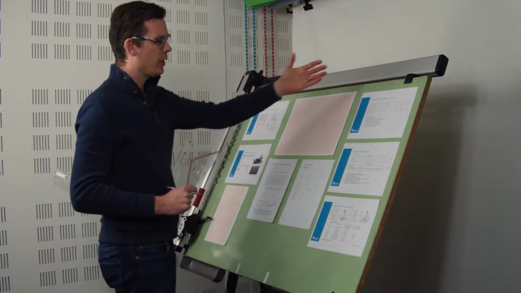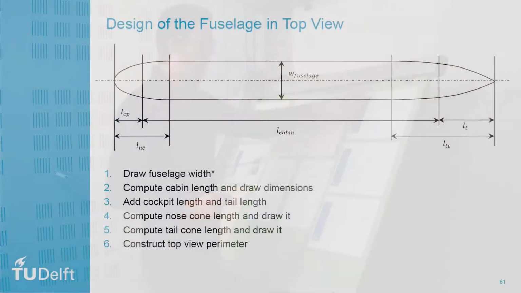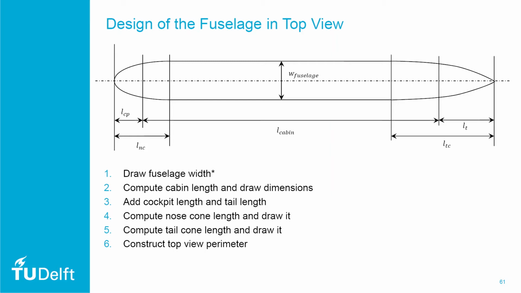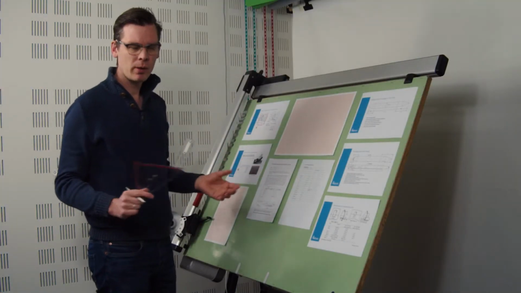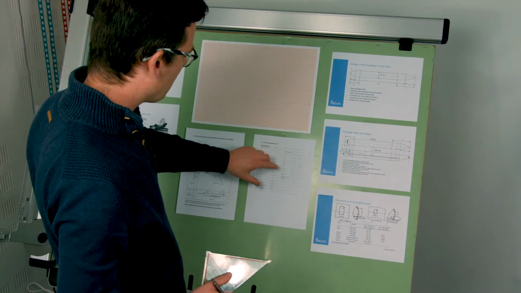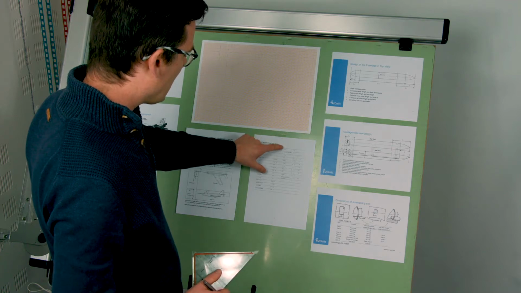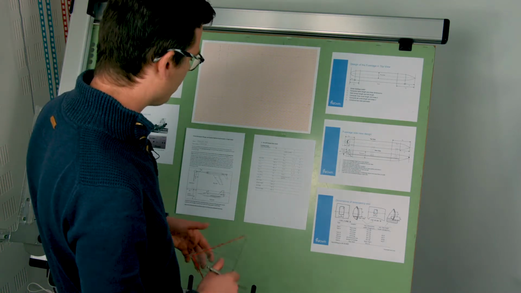Now, in the slides we have, for the design of the top view, we have made a list of actions that you can follow in order to design this top view. So the first thing that I'm going to do now is design the top view of the fuselage, and for that I have made some preliminary calculations already that have used the dimensions of the cross section.